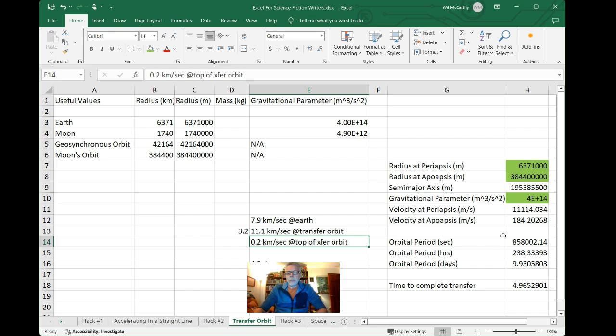So then now let's go back to our lunar orbit. We do that by, once again, we change planets here. We plug in the value for the moon instead of the value for the Earth. Now, once again, our radius, we're going to put in the radius of the moon.